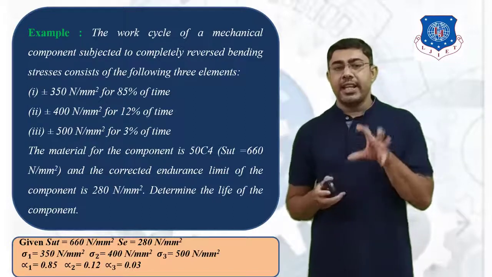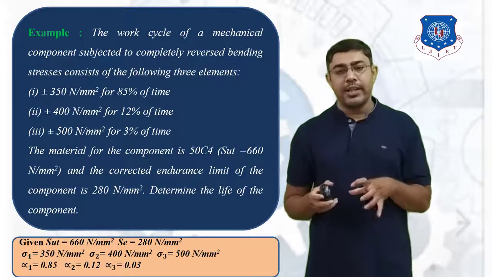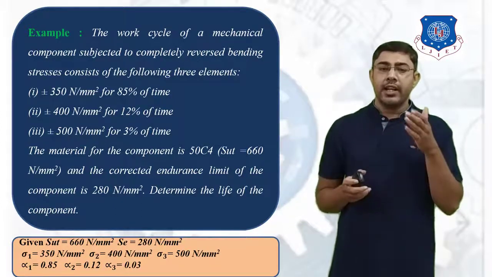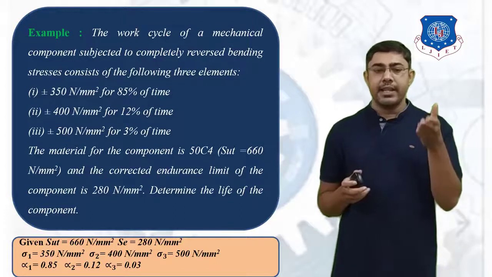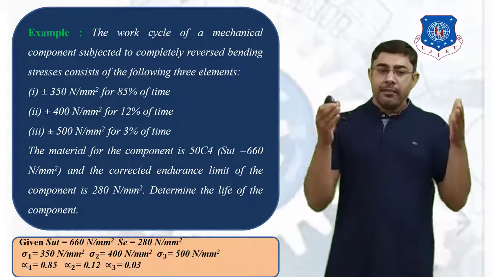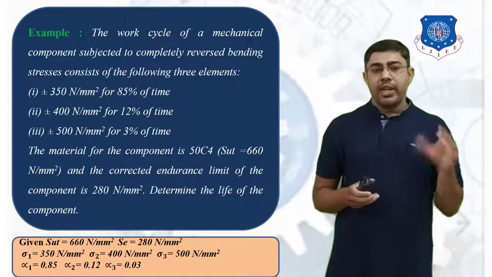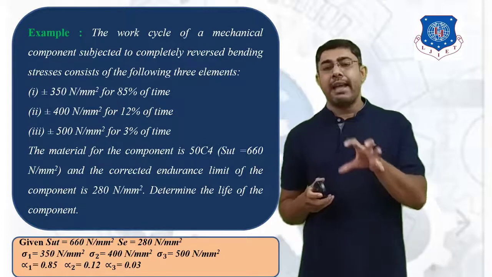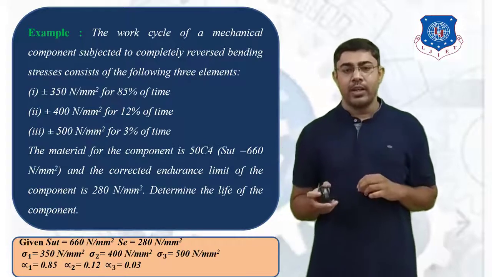We have to calculate the life of the component. Here the different stress levels sigma 1, sigma 2 and sigma 3 are applied for parts of the work cycles, so we use the cumulative damage rules.